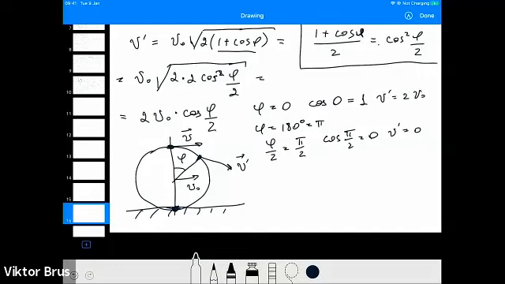In this point, when it touches the ground, a linear velocity will be directed in opposite direction to the velocity of the rolling wheel. So this is V naught. And these two vectors will cancel each other out. And it makes sense because when wheel is spinning on the ground, this point where wheel touches the ground is always fixed to the ground. So the velocity is equal to 0.